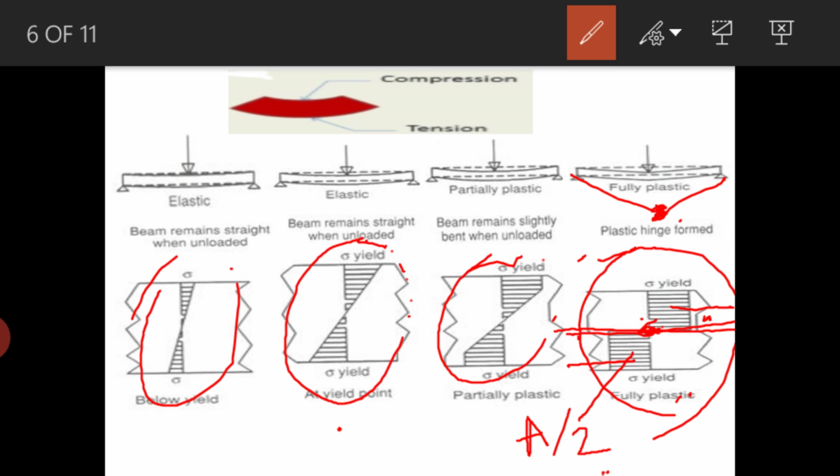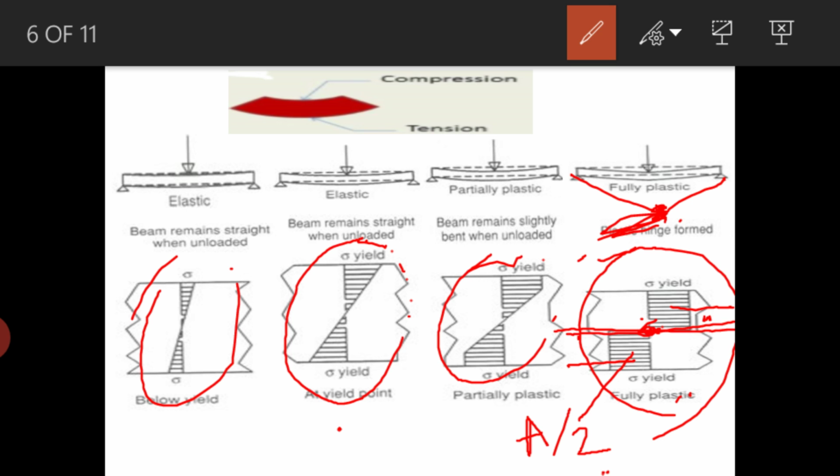About that plastified neutral axis, the section starts rotating, and the zone created is called the plastic zone, and at this particular point a plastic hinge forms. This hinge is also called a rusty hinge or friction hinge. I hope you understood the stages of bending for the beam.